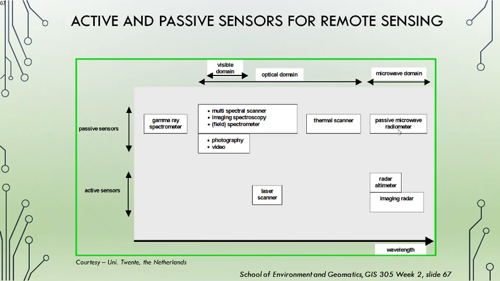Radiometers are simply instruments that measure electromagnetic radiation. But in active sensors, the laser scanners, so LiDAR, typically work in green, red, and mostly near infrared wavelengths. And you have radar and imaging radar that works in much longer wavelength in the microwave domain. Okay.